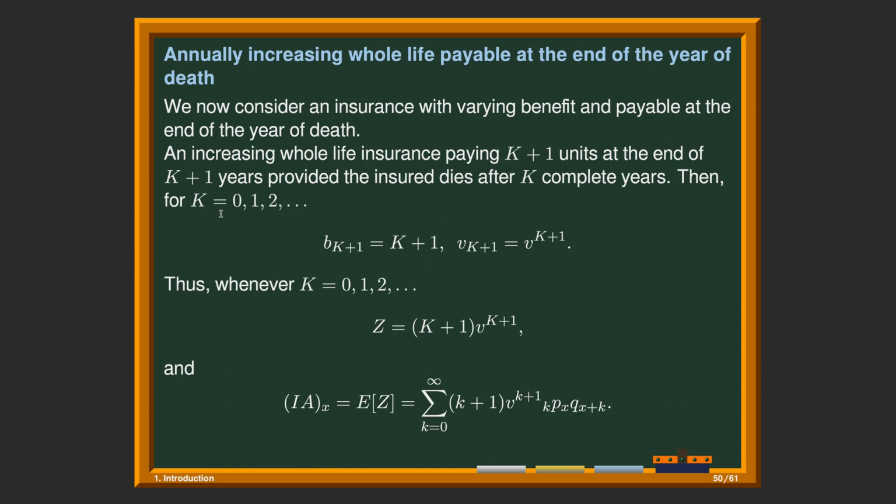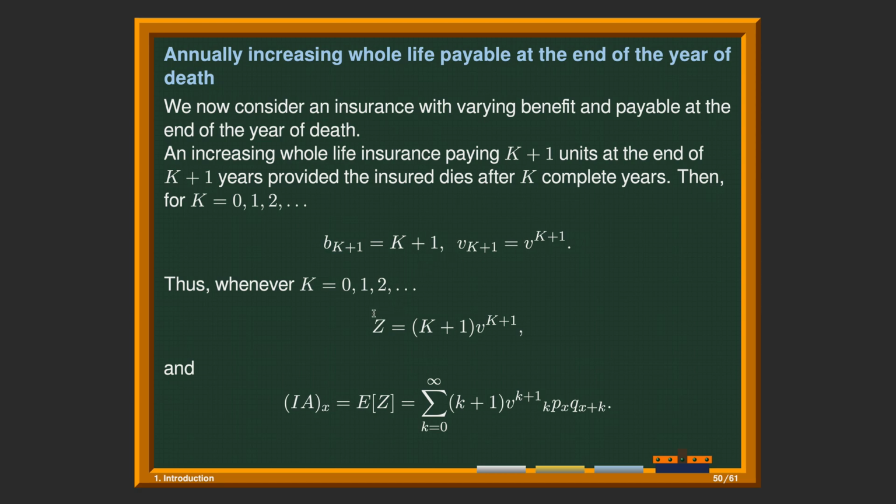So when death occurs during the first year, k is equal to 0, right? If death occurs during the second year, k is equal to 1. If death occurs during the third year, k is equal to 2, and so on. So the size of the benefit, which is b sub k plus 1, is equal to k plus 1. And of course, the discount factor would be v raised to k plus 1.